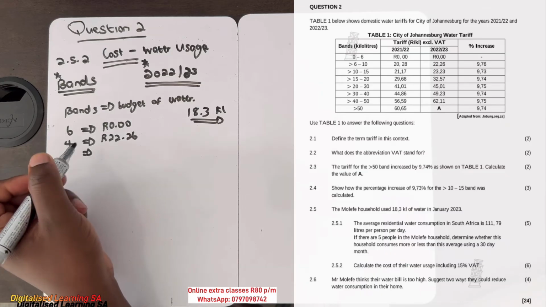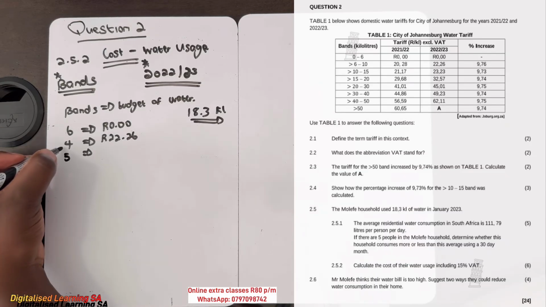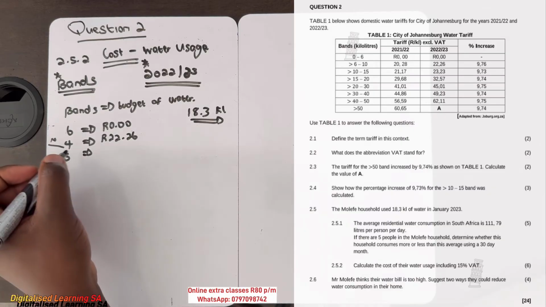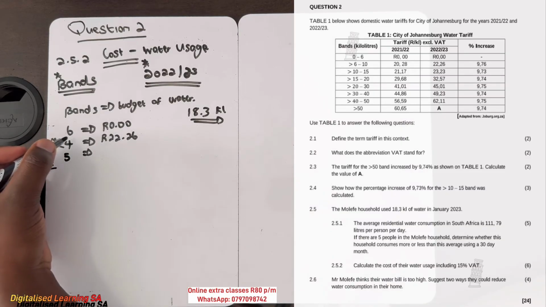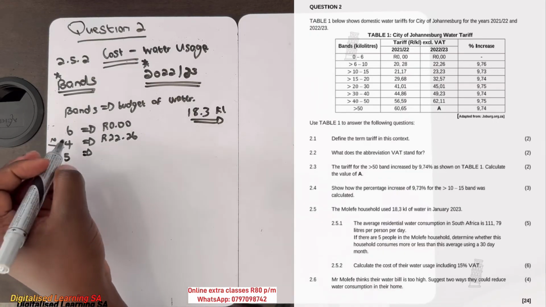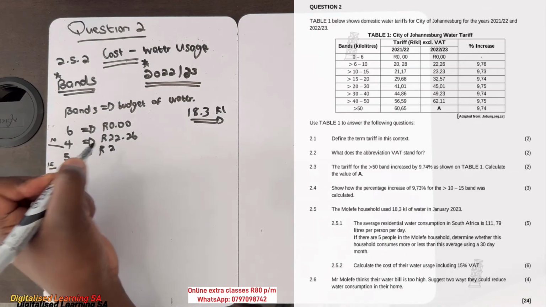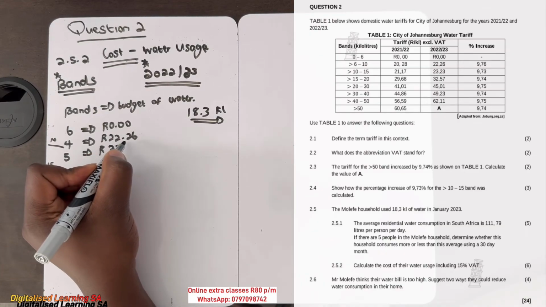So if we add 5 buckets, remember here we had 10, now here we will have 15. So 10 to 15 costs 23.23. So we added 5 because we had already calculated the 10. So the 5 will cost 23.23.